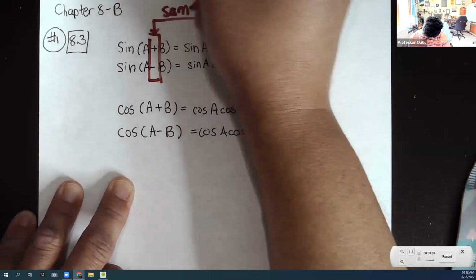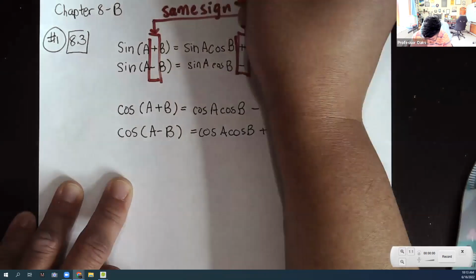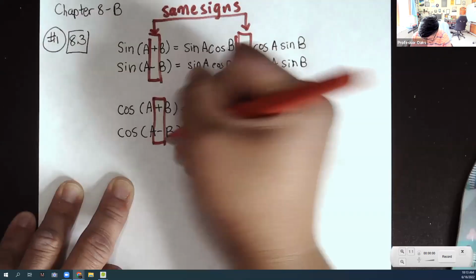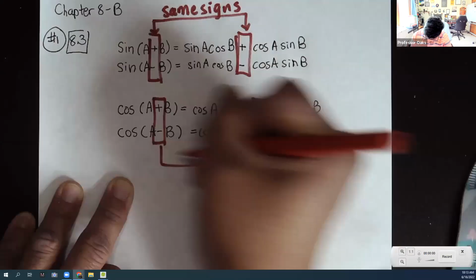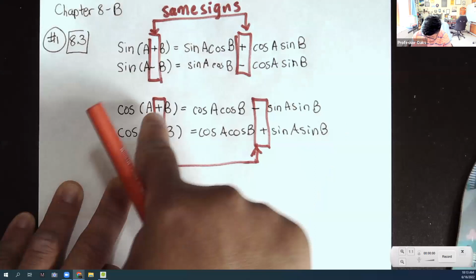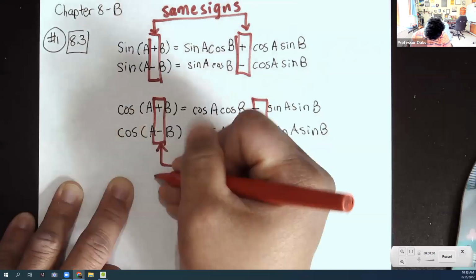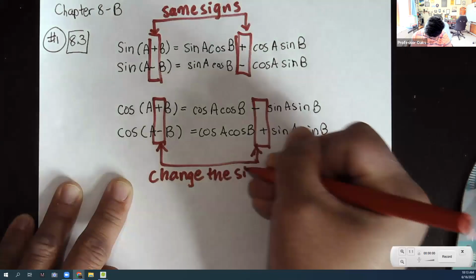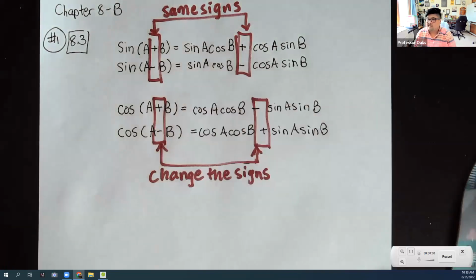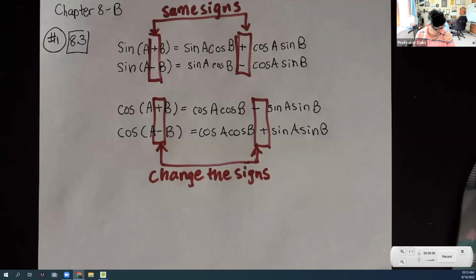And for the cosine ones, you change the signs, from plus to minus or minus to plus.